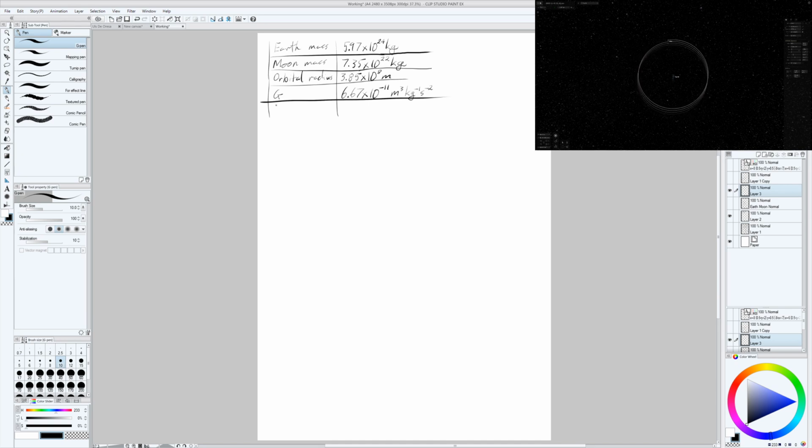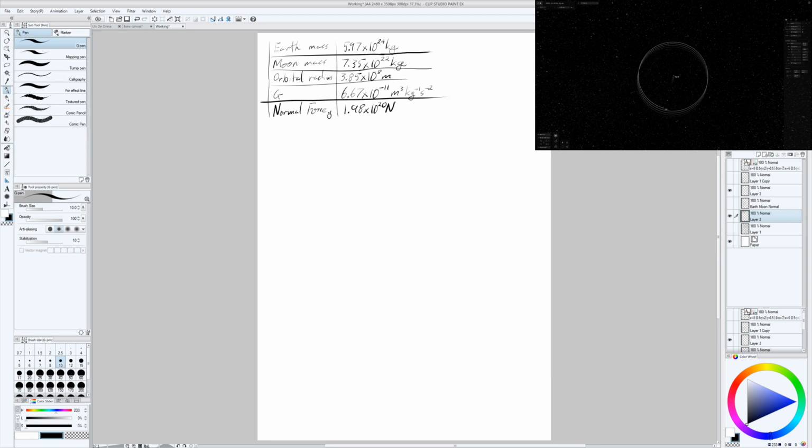Now, just as a reminder, the normal force between them was 1.98 times 10 to the 20 newtons.